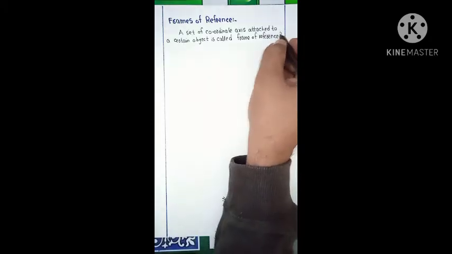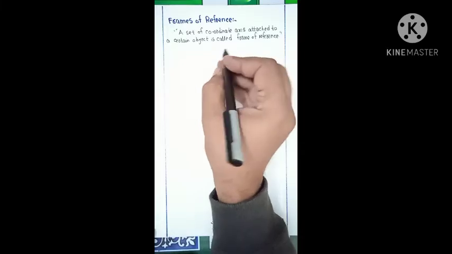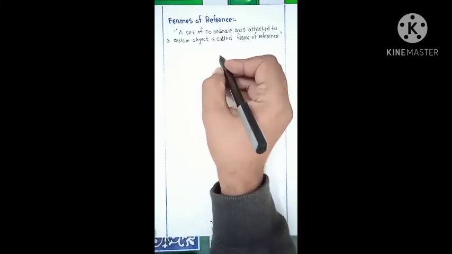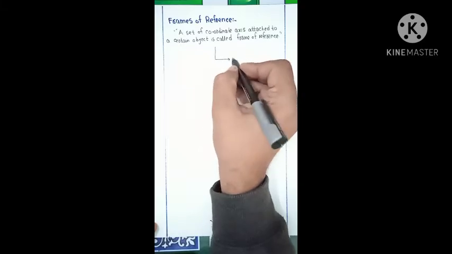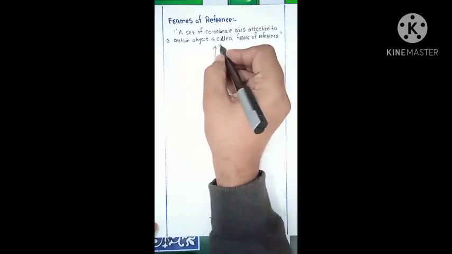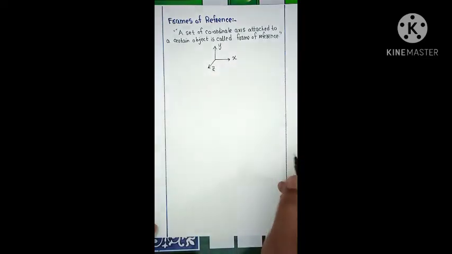As you know, this frame of reference is usually represented by three mutually perpendicular lines: x-axis, y-axis and z-axis.